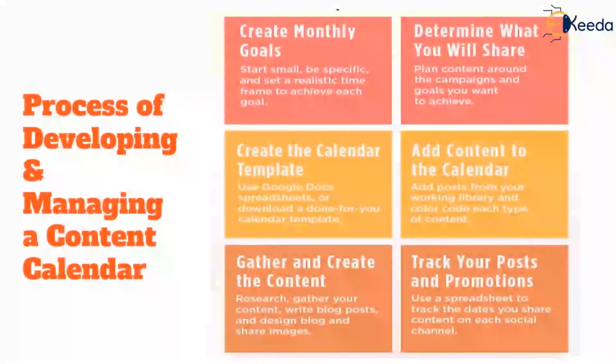Now, the basic process of creating a content calendar is simple. You start by creating your monthly goals, because you have to go one month at a time at least. And from there, you end up developing quarterly, semi annual, annual goals, even longer term goals. You have to start small, be specific, and set a realistic time frame to achieve each goal.